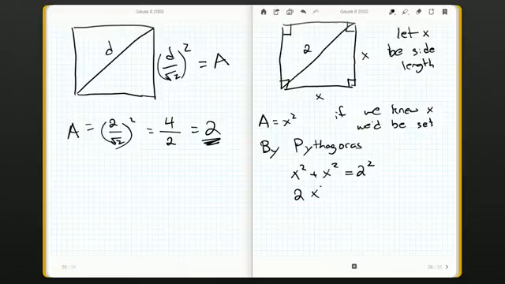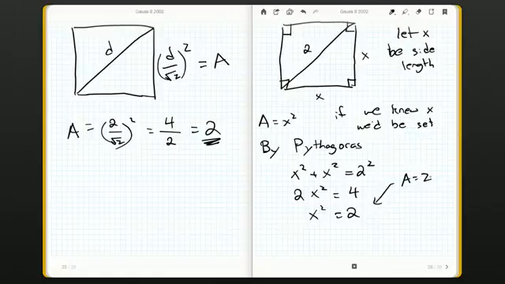Okay. Then I get 2x squared, just simplifying these guys. And what's 2 squared? That's 4. If I divide both sides by 2, I get x squared is equal to 2. And if I was really clever, I'd realize, well, x squared, that's my area. So there's my area is equal to 2.